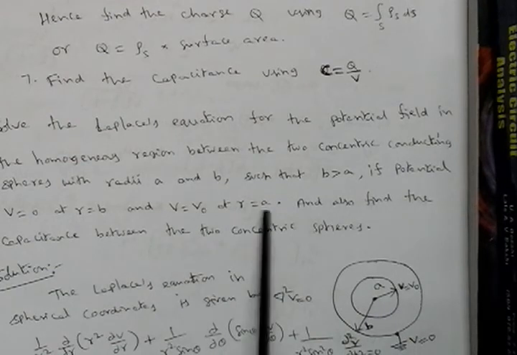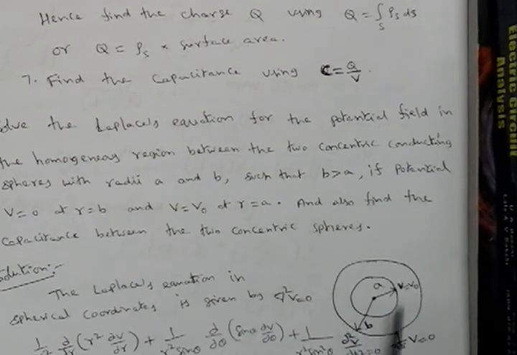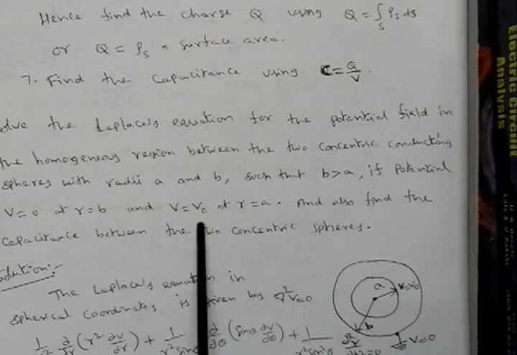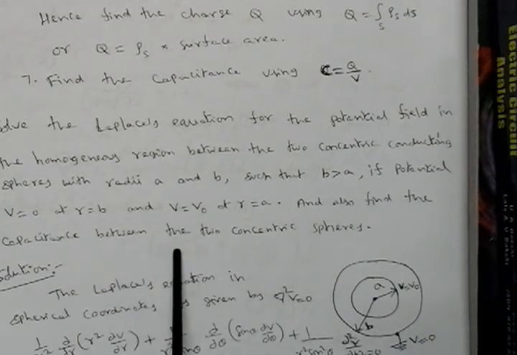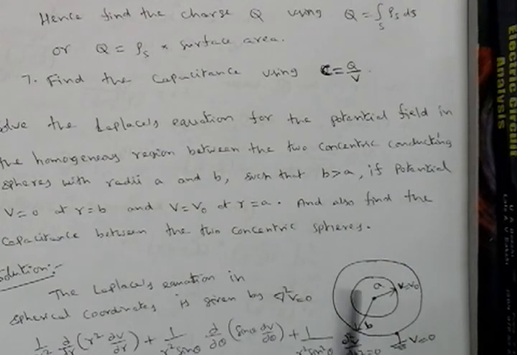V is equal to V0 at r is equal to A, for the inner conductor the potential value is V0. And also find the capacitance between the two concentric spheres. The capacitance existing between these two concentric spheres, that we need to determine.